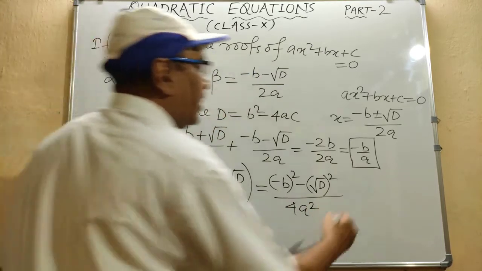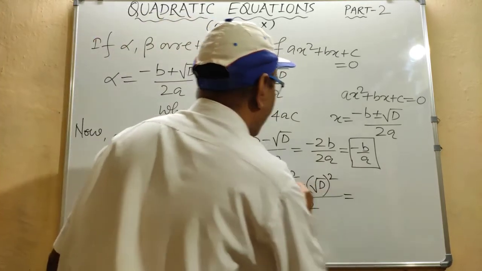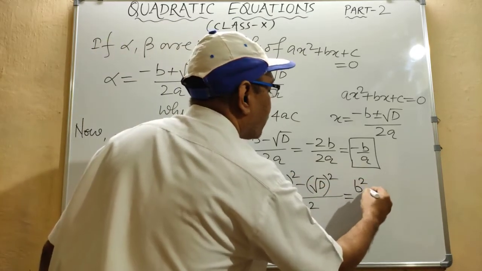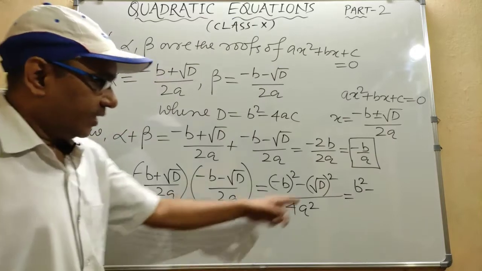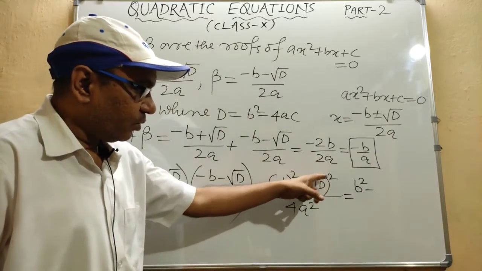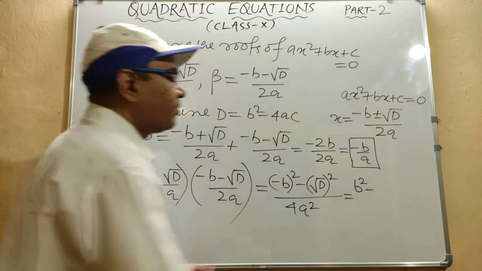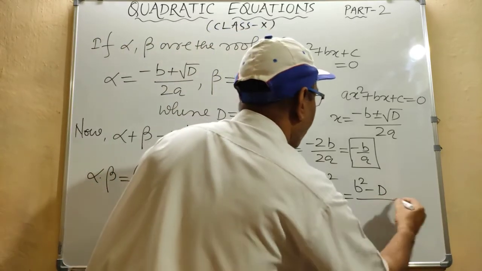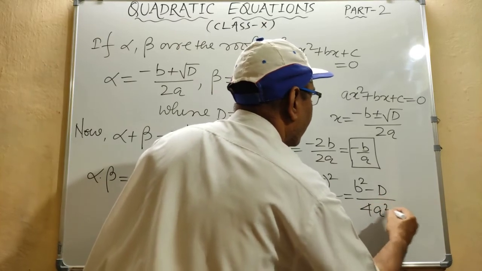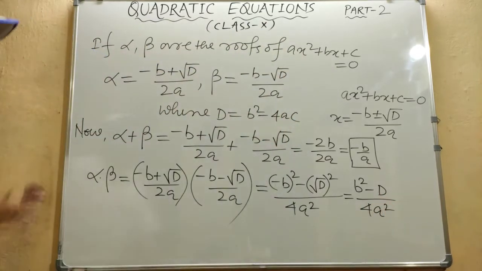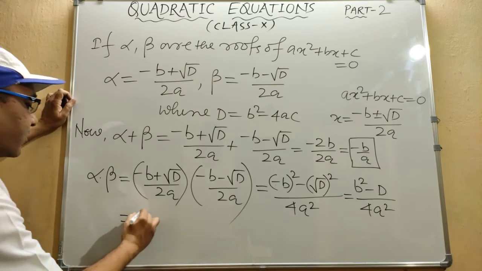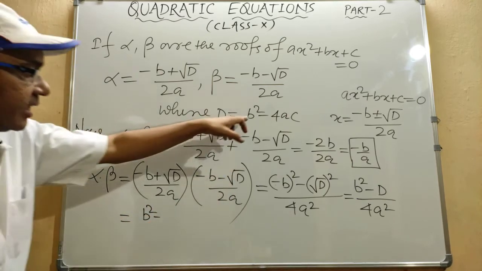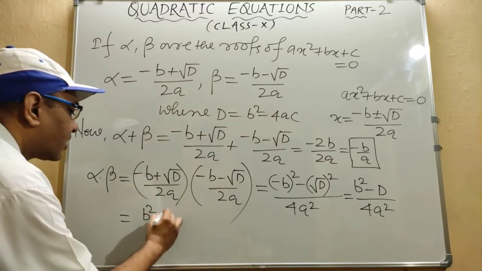Now minus b whole square gives b square, minus root d whole square, root and square both are removed, so it is simply d by 4a square. If you simplify, it gives b square minus d. What is d? d means b square minus 4ac.